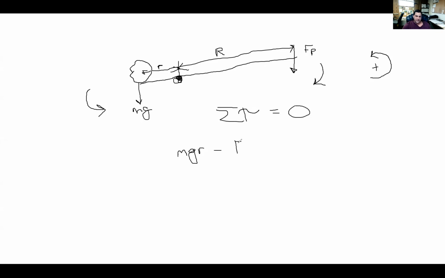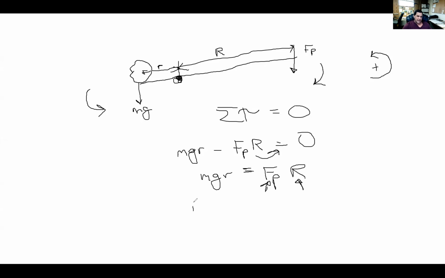So you have this pushing force times that larger lever arm is equal to 0. So you can see that to move this, because I'm just moving this over to the other side, I can either increase my pushing force or I can increase the radius.